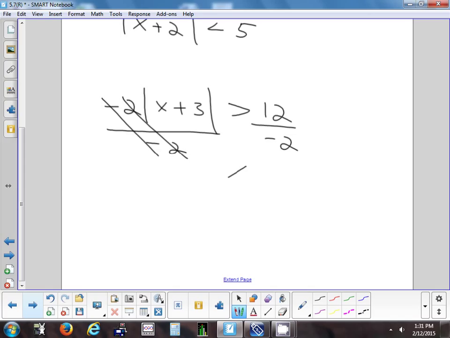Just like we did back when we were just solving inequalities, right? Now we're just adding the absolute value, but the same rules apply. If you divide by a negative, Ryan, what do you do? If you divide by a negative with an inequality, what do you do to the sign? Somebody help out Ryan. Ben, what do you do?